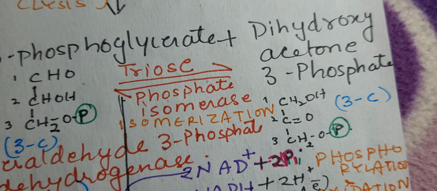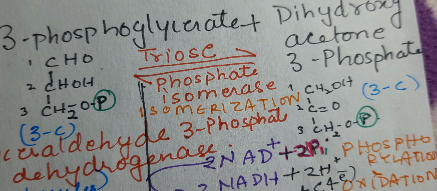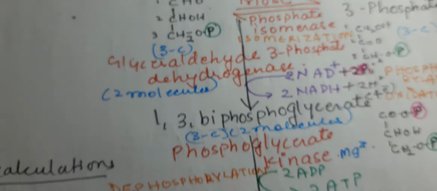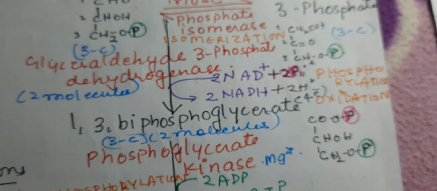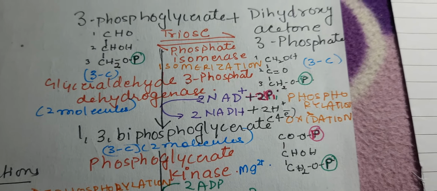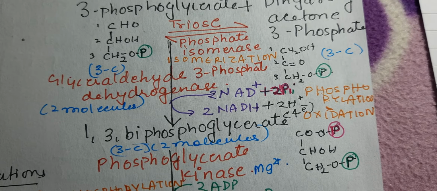So this is again the isomerization, which is catalyzed by triose phosphate isomerase, and now glyceraldehyde 3 phosphate is converted into 1,3 bisphosphoglycerate. So here this is the reaction where oxidation and phosphorylation are occurring simultaneously.